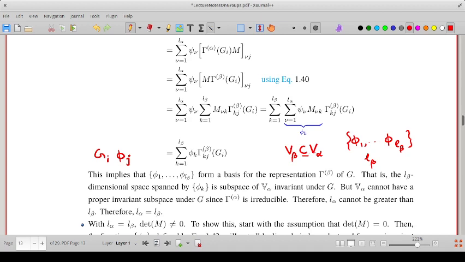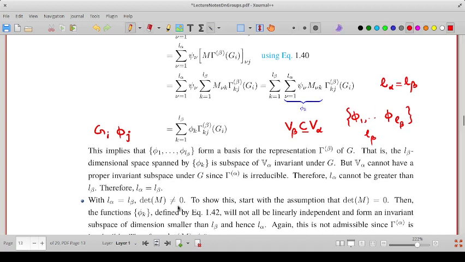But since gamma alpha is an irreducible representation, V alpha cannot contain a proper subspace which is invariant. So the only possibility then is that V beta is exactly the same as V alpha. In other words, we should have L alpha equal to L beta. So that is the first result that we got.